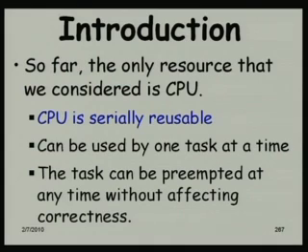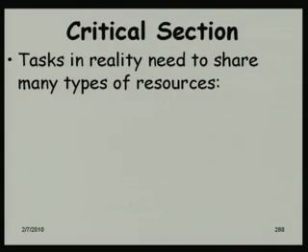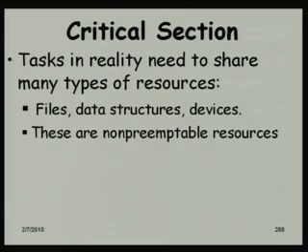As long as there is only one task, it is all right, but the tasks need to share many other types of resources other than the CPU. For example, files, data structures and devices are common resources that are shared, and many of these resources need to be used in a non-preemptible mode.